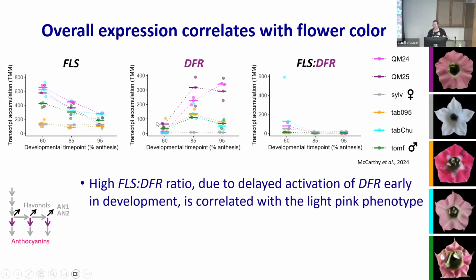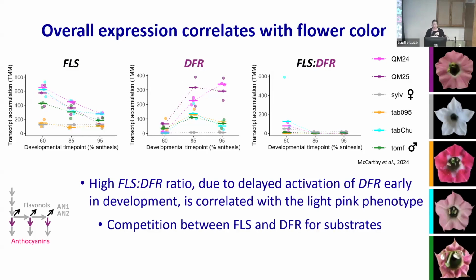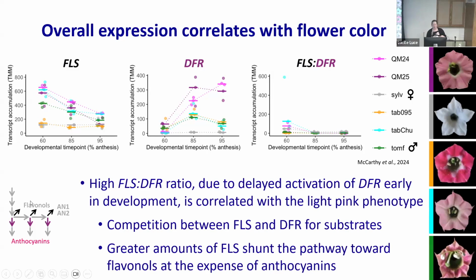And it also seems to be because DFR isn't expressed as much early in development. It's being turned on later, and it's giving us that elevated FLS to DFR ratio. But because we have this competition, having more FLS means that we're going to have more of our pathway going towards making flavanols, less going towards anthocyanins, giving us that light pink phenotype.